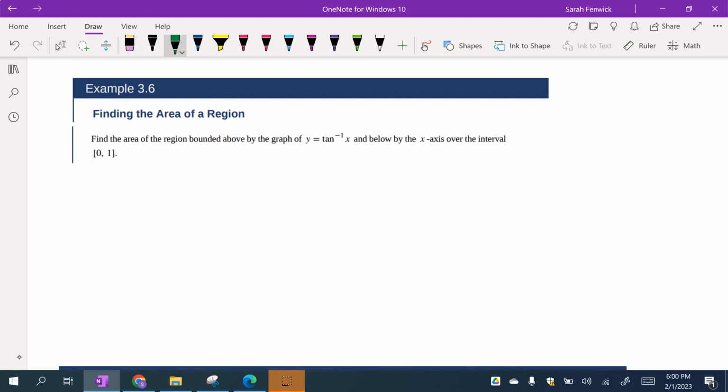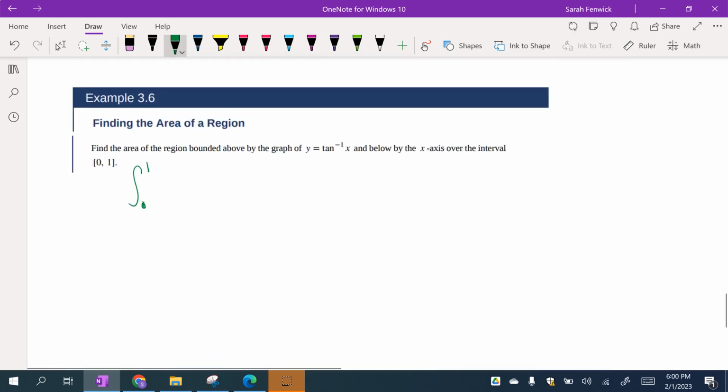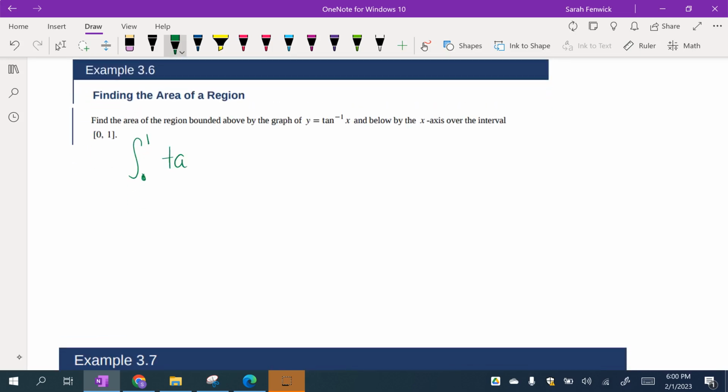Find the area of the region bounded above by the graph of y equals inverse tan x and below by the x-axis over the interval from 0 to 1. So we're looking at 0 to 1 of, technically, inverse tan x minus 0, because that's the x-axis, dx.